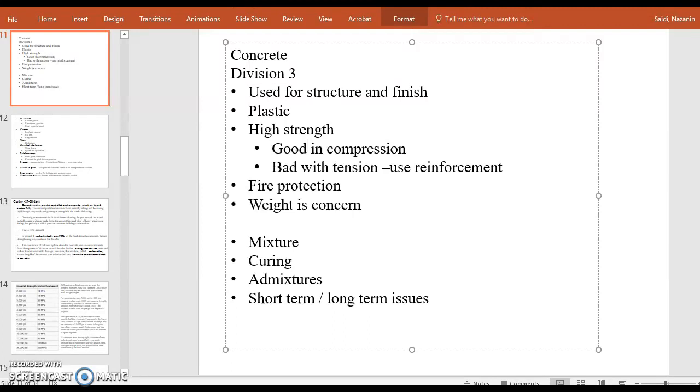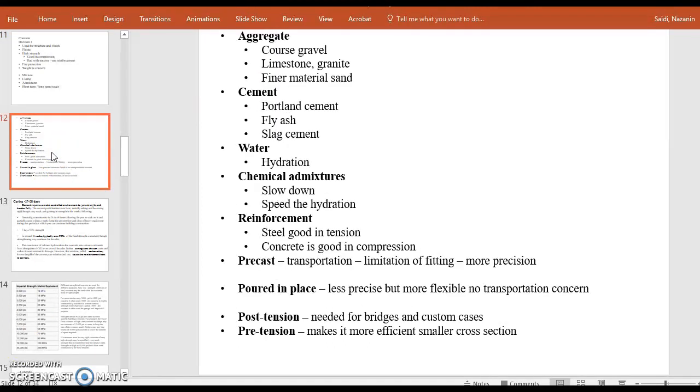There are concerns about weight, and we can find ways to reduce its weight, but it has major issues with weight. We will review the mixture, we will review curing, we will review the admixture, and some of the short-term versus long-term issues. So let us start with the components of this material.